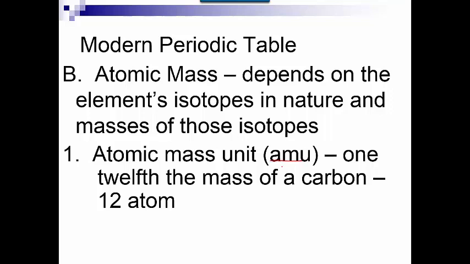So it's 1/12 the mass of carbon, which makes it 1, because carbon's like 12.0. So we have 1 atomic mass unit. And just know that atomic masses, these are the averages that you see on the periodic table, and the averages come from the isotopes. You take the high, the low, all the masses, and you average them together.